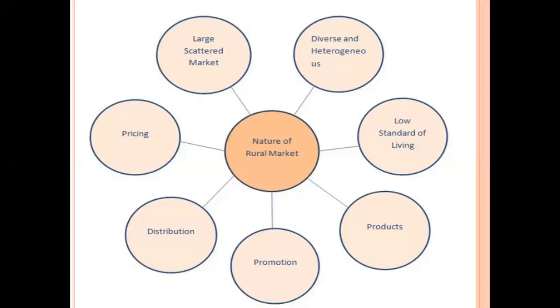Second is diverse and heterogeneous. Rural markets are highly diverse and heterogeneous. We can't actually predict the behavior; we can't say that all segments are the same. It consists of as many as 20,000 ethnic groups, and it is very difficult and challenging for a marketer to predict their behavior.